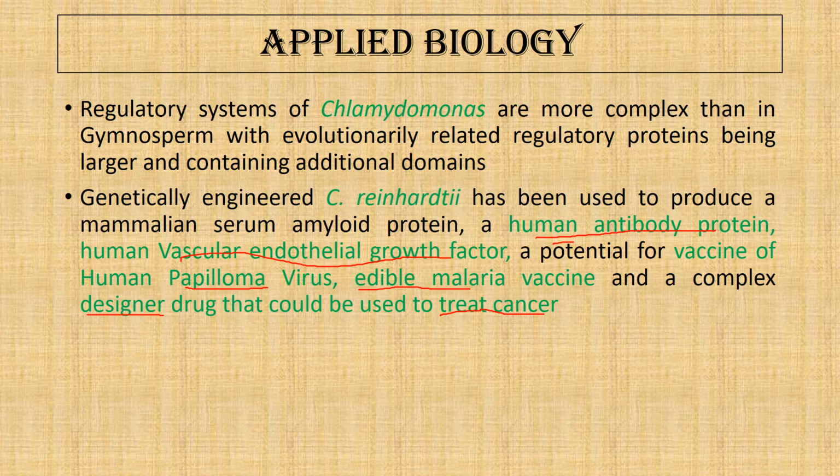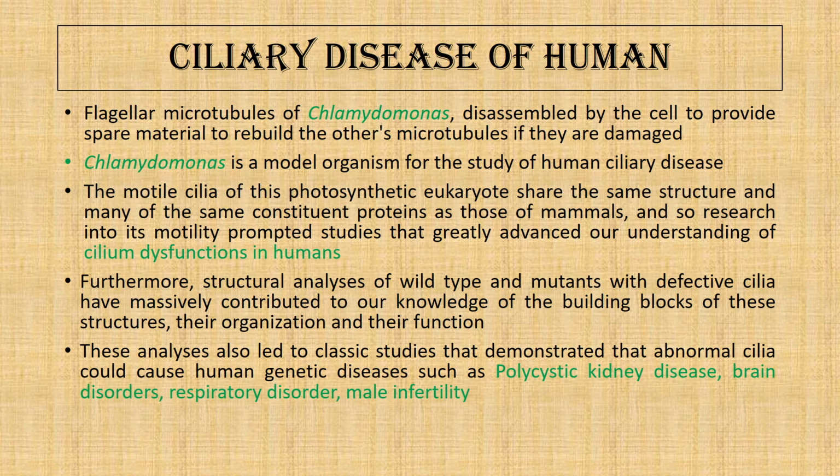Chlamydomonas can also be used, as it is a very primitive organism, as a model for studying the evolutionary trend in algae. The flagellar microtubules of Chlamydomonas have a similar protein composition to that of the eukaryotic cilia or eukaryotic microtubules.